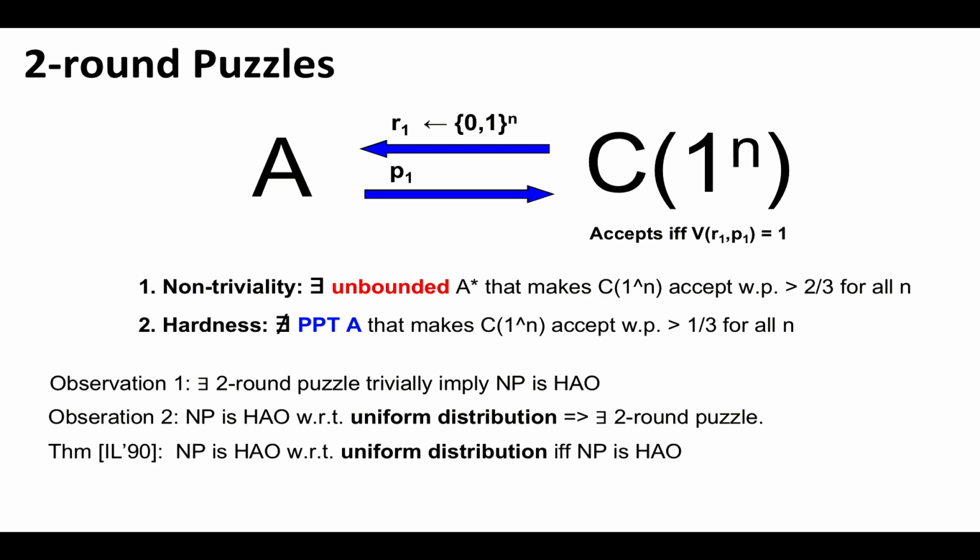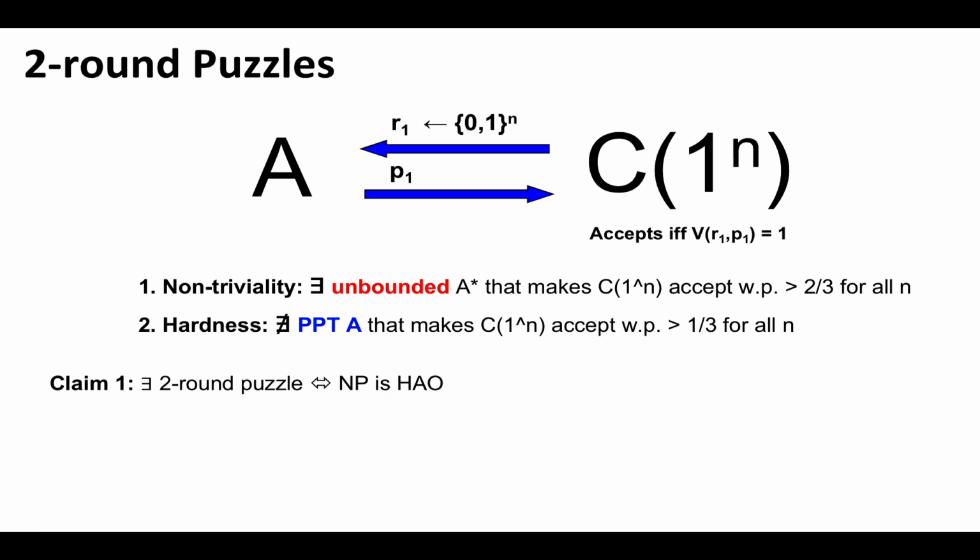And it turns out that NP being hard on average with respect to the uniform distribution is true if and only if NP is hard on average for any polynomial-time samplable distribution. This is a classic result by Impagliazzo and Levin.